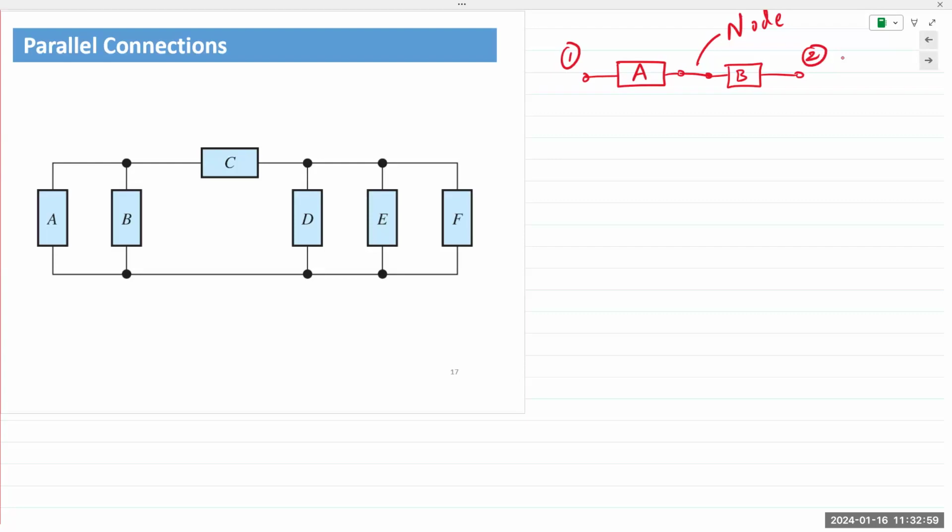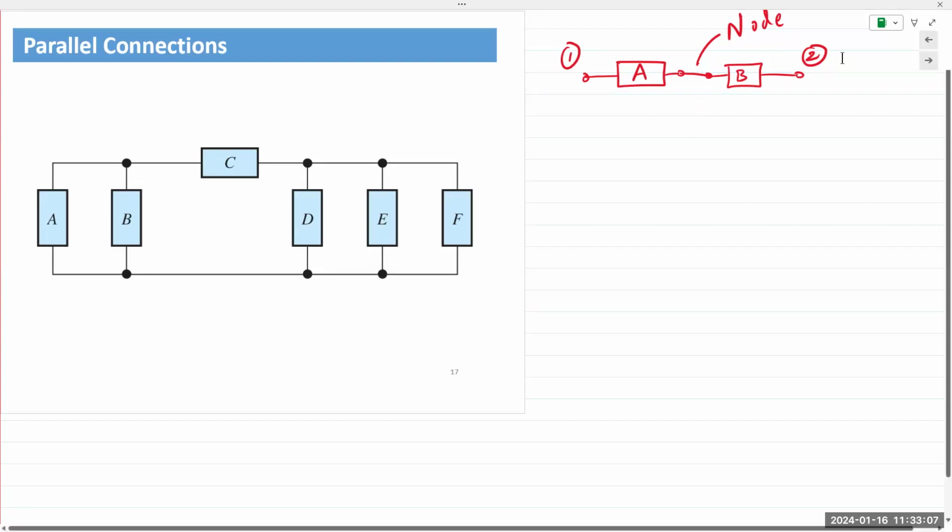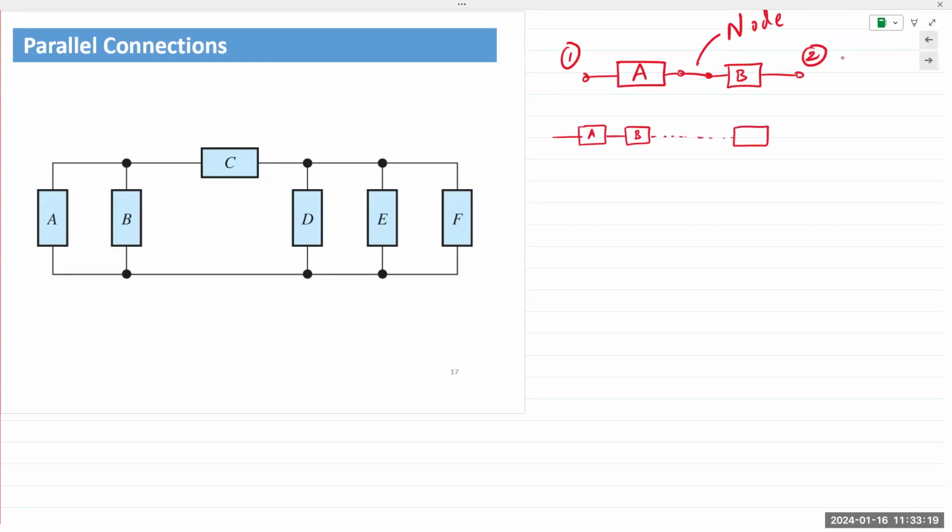So A and B are in series. If you have a third connection, that is no longer in series. You can have infinite elements connected together as long as they maintain that requirement. All the way to infinity, you would say that they are all in series.